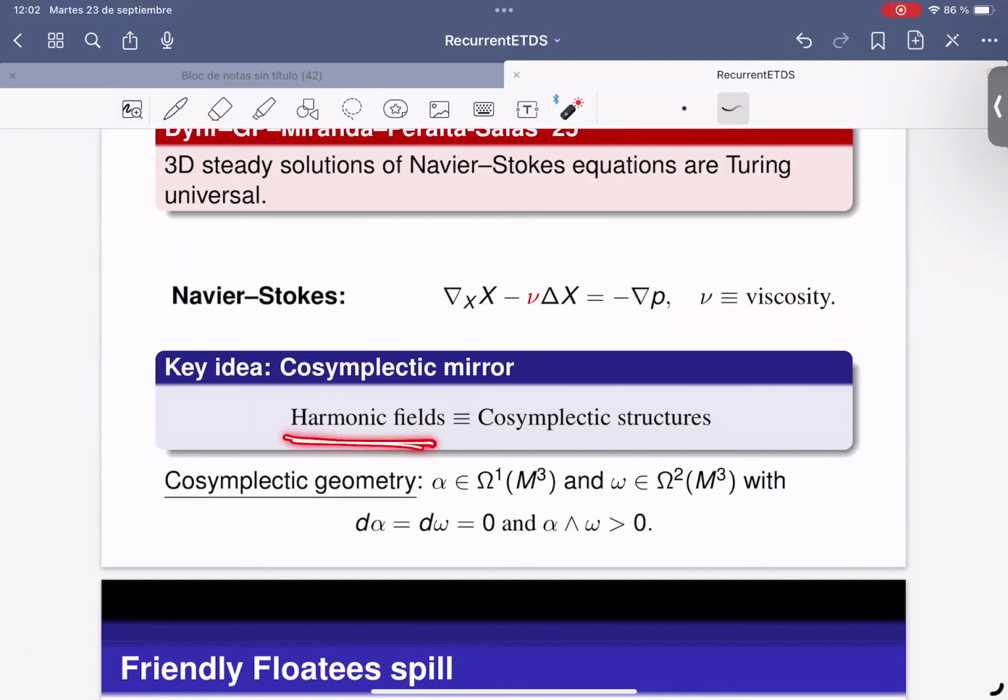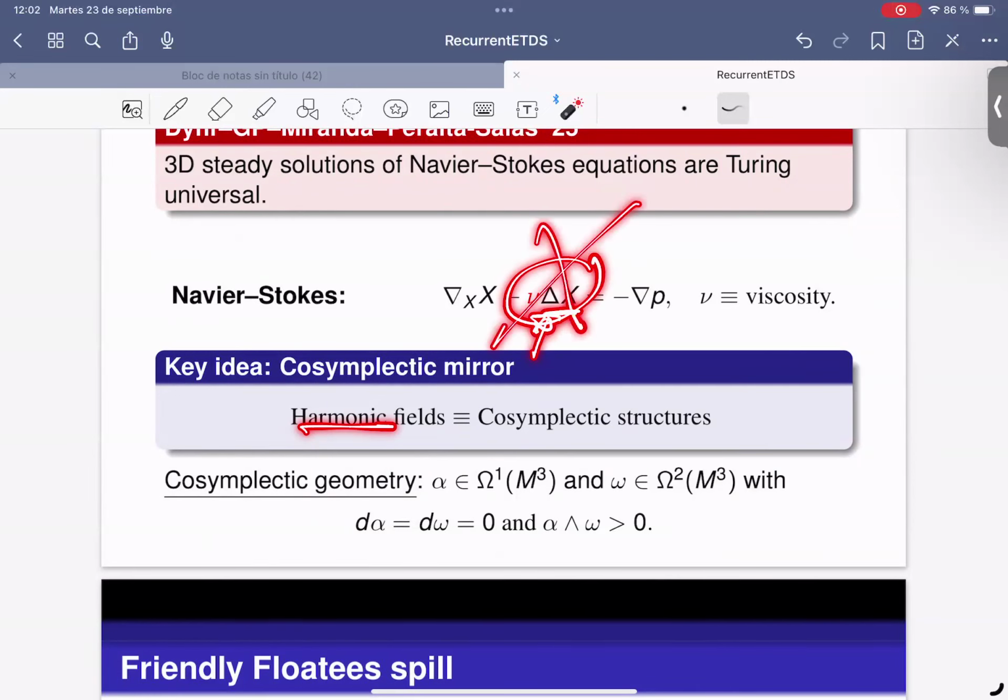And harmonic vector fields are super nice because they are known to satisfy the Navier-Stokes equation for any viscosity. And it's very obvious. They are harmonic, and the term with the viscosity is the Laplacian. So this term vanishes. So actually it's like cheating. You are actually solving the Euler equation, but you can get rid of the viscosity term in the Navier-Stokes.